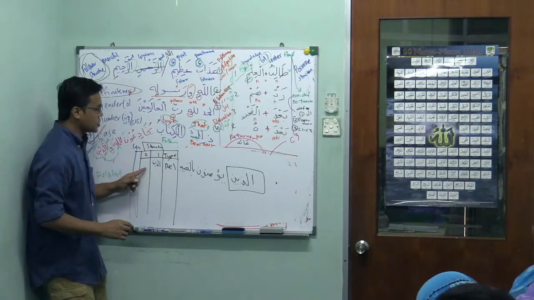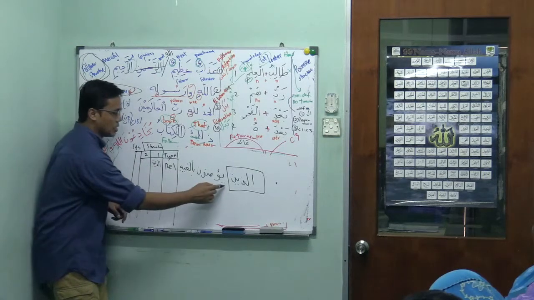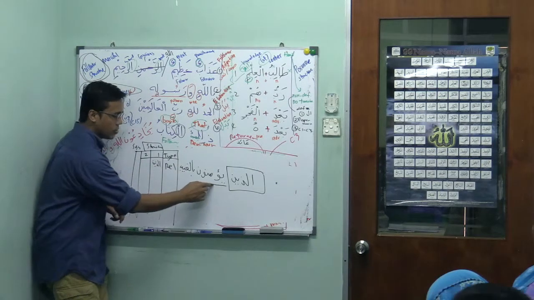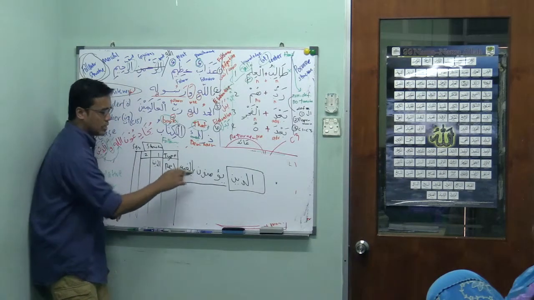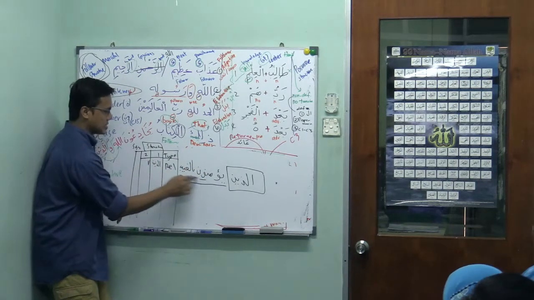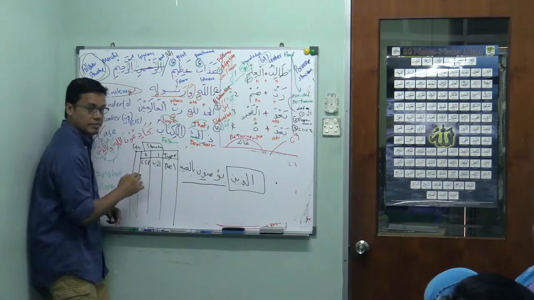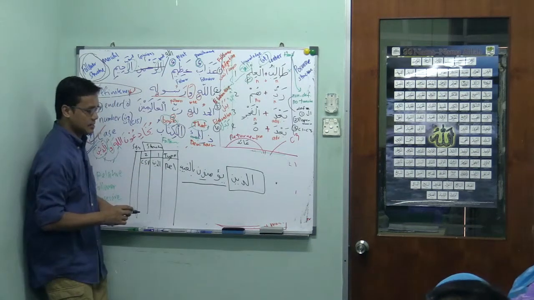And number 2, actually you should write everything, but to shortcut this is V, S and C, right? You just write V, S, C.